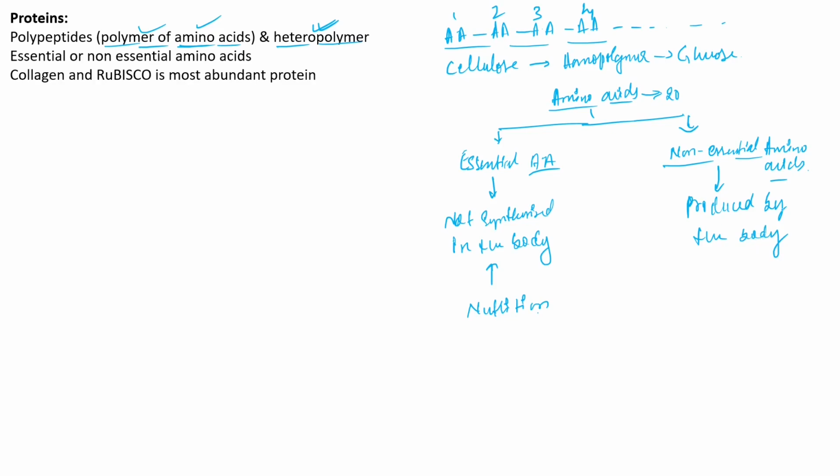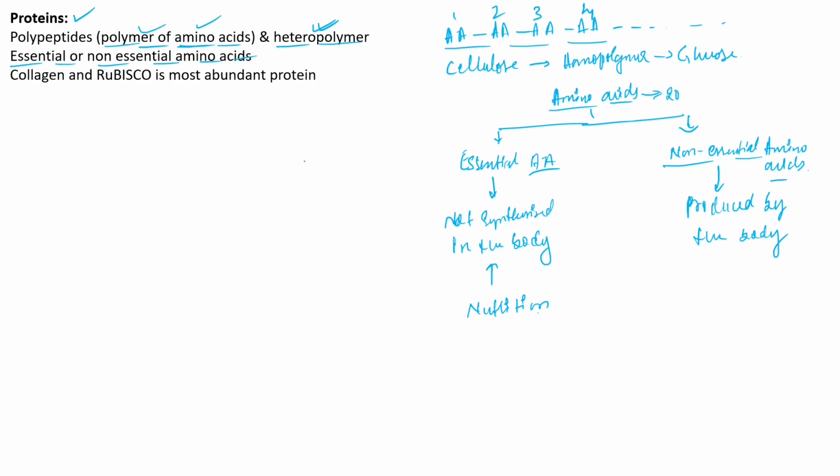That is what we mean by the term non-essential amino acids, right? So ultimately these 20 types of amino acids are involved in the formation of a polypeptide, that is the proteins, and they may be either essential or non-essential amino acids.